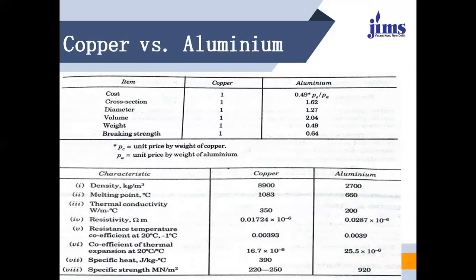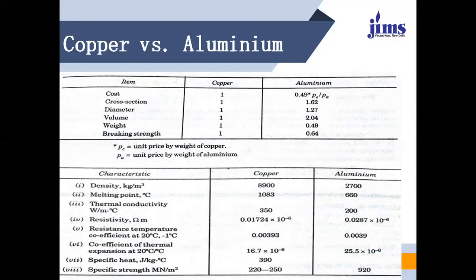According to the characteristics, the density of copper is 8900 and aluminum is 2700. Melting point: copper can withstand up to 1083 degrees Celsius, aluminum up to 660 degrees Celsius. Thermal conductivity: copper is 350, aluminum is 200. Resistivity: copper is 0.01724 times 10 to the power minus 6, aluminum is 0.0287.